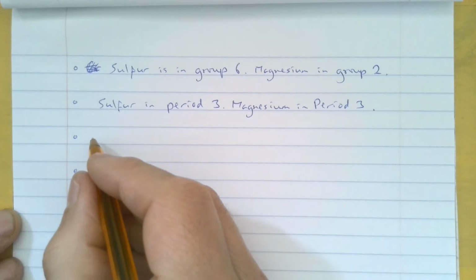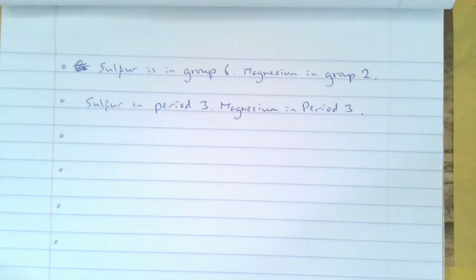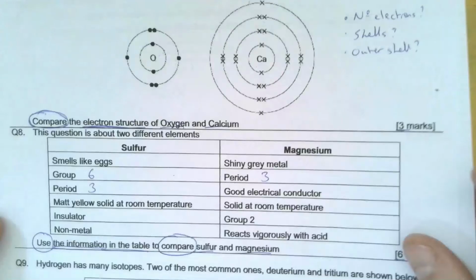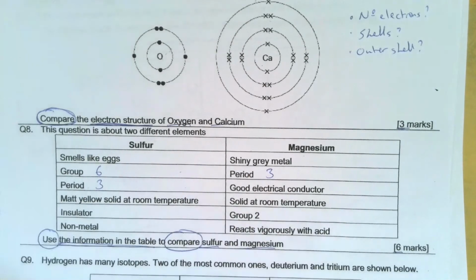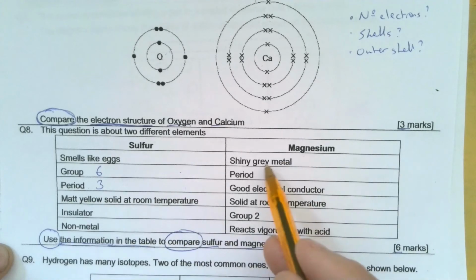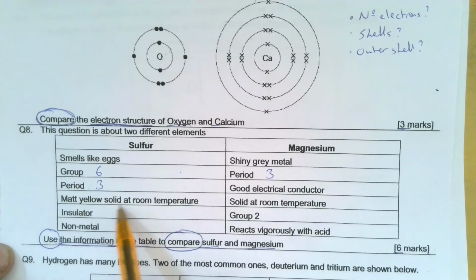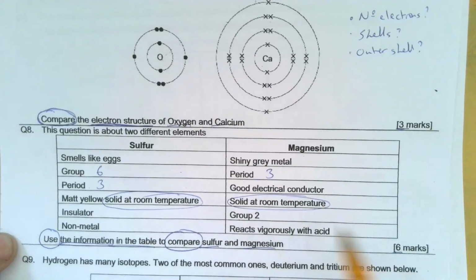Next, what else do I know? This is where the question starts to get a little sneaky, because those two lines were very easy: group 6, group 2, period 3, period 3. I've now got to start looking between bits of information. So this one's a matte yellow solid at room temperature. Well, it's a solid at room temperature, and so is magnesium.